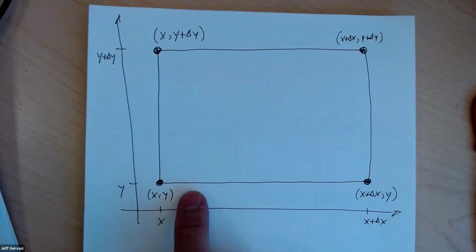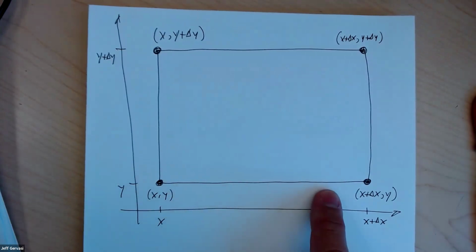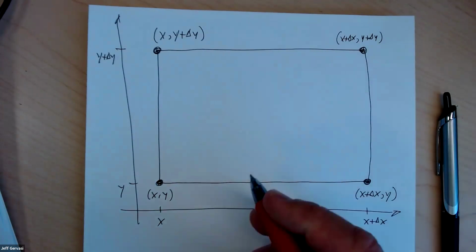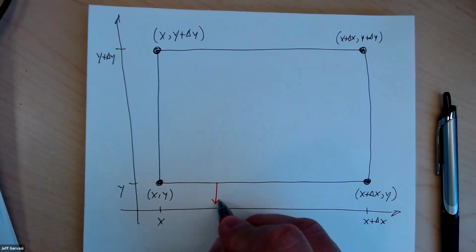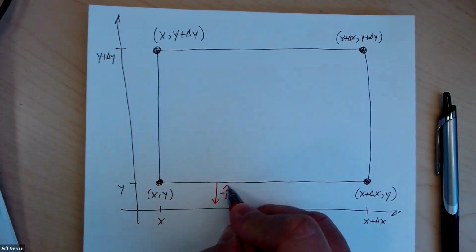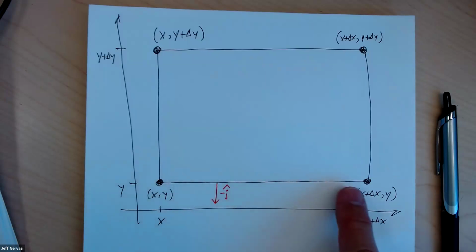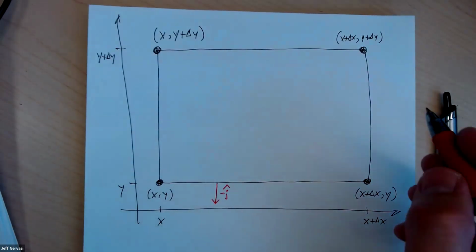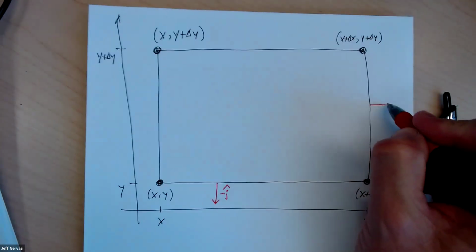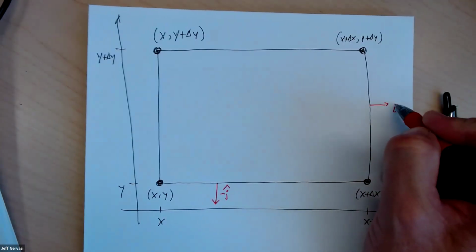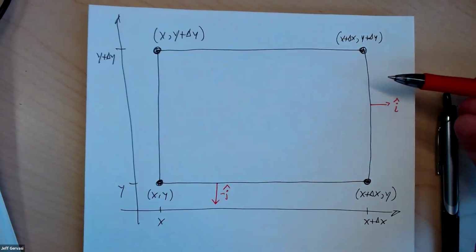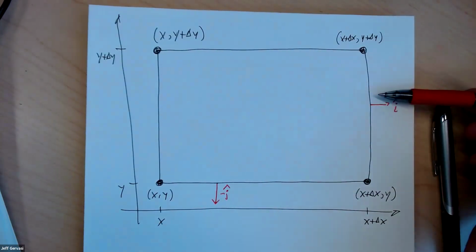Well, along this horizontal line, I'm going to use the unit normal vector, shall we say, negative j, and the length of it will be delta x. Along this side, I will use i for my unit normal vector, and the length of this side will be delta y.